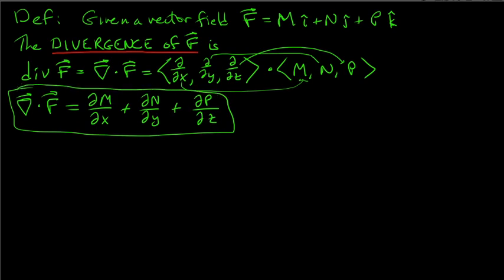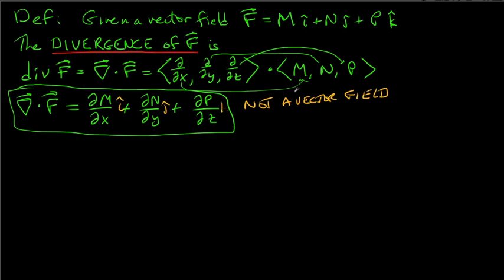And be very, very careful here. This is not a vector. Remember, the dot product is a scalar. The cross product is a vector. So the curl was a vector field. This is not a vector field. So please, please, please do not put an i, j, and k here. That's not what this is.